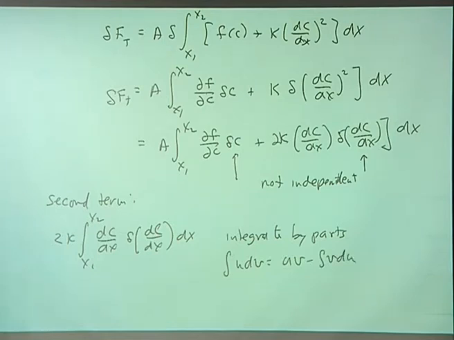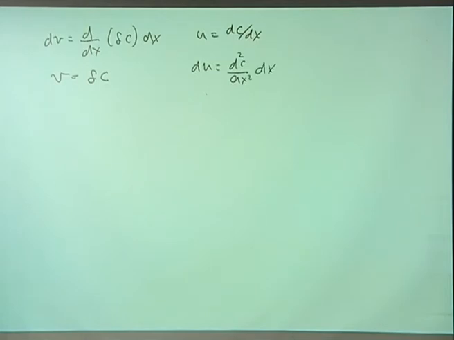That's the formula for integration by parts. We'll say that dv is equal to d by dx of delta c, which implies v is equal to delta c. And u is equal to dc/dx, which implies that du is equal to d²c/dx² dx.